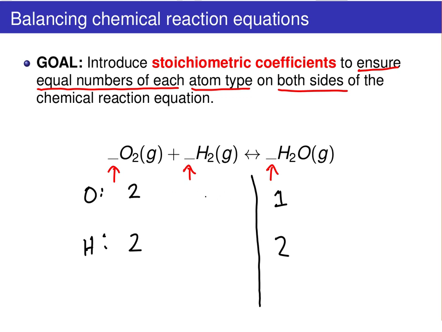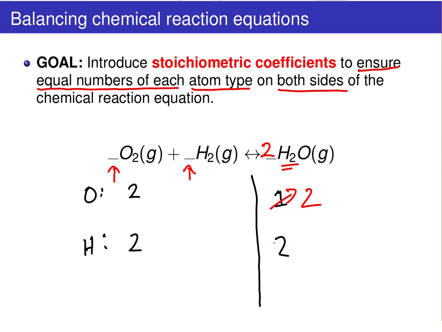Now, in order to do this, what we're going to do is change the stoichiometric coefficient in front of water on the product side to 2. And we find that by doing that, we now have the desired 2 oxygen atoms on the right. However, by putting a 2 in front of the water, we've also changed the number of hydrogen atoms.